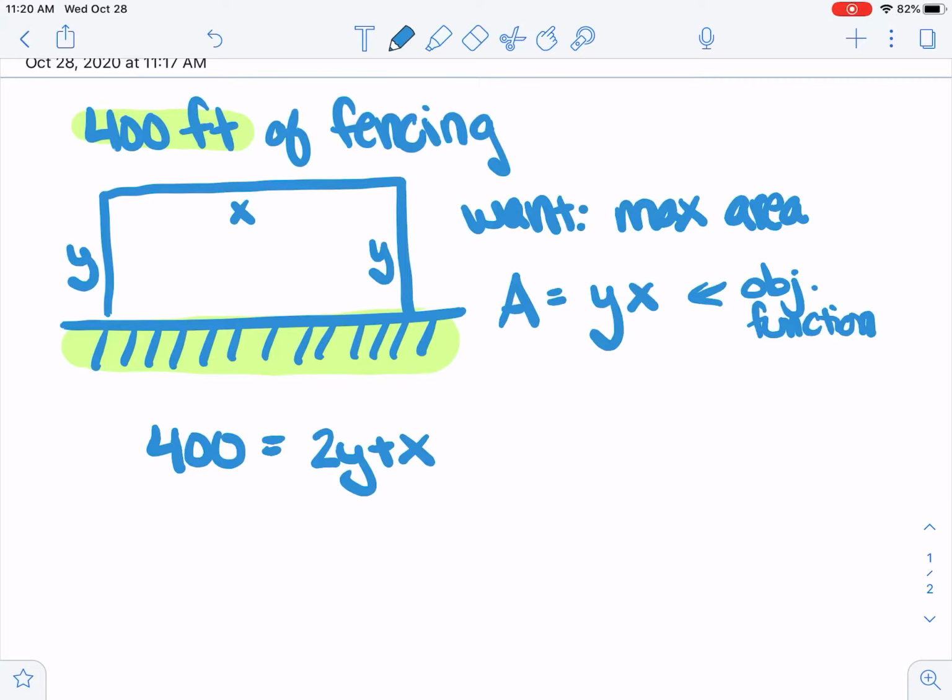We're going to use up all of the fencing, so the two widths plus the length is going to equal the 400 feet. And from that, we can say x equals 400 minus 2y. And we can substitute that into the area equation.